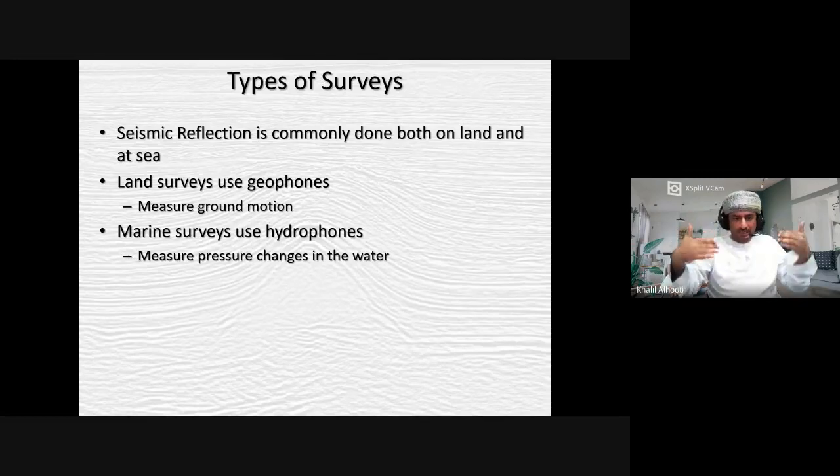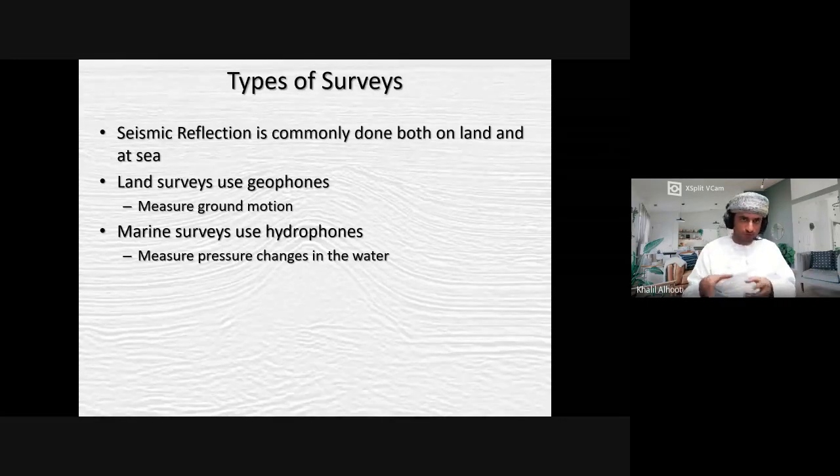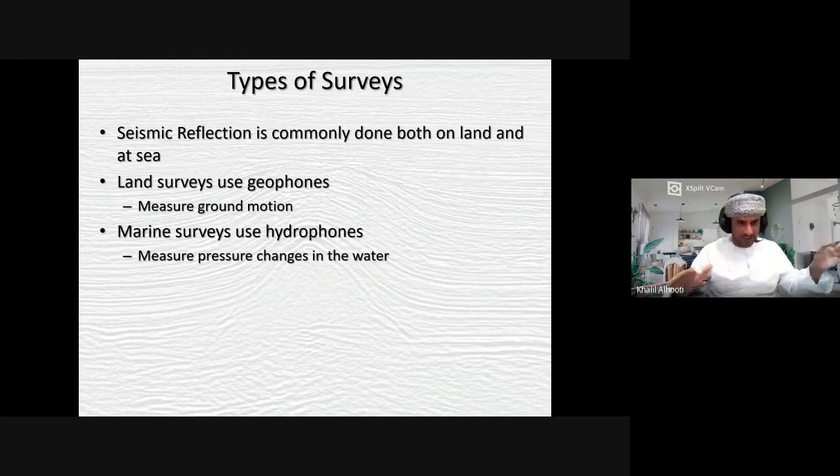So there is less labor involved in moving geophones from one place to another. It's almost 10 times cheaper than the land survey, acquiring the same amount of data with the same amount of areal coverage.